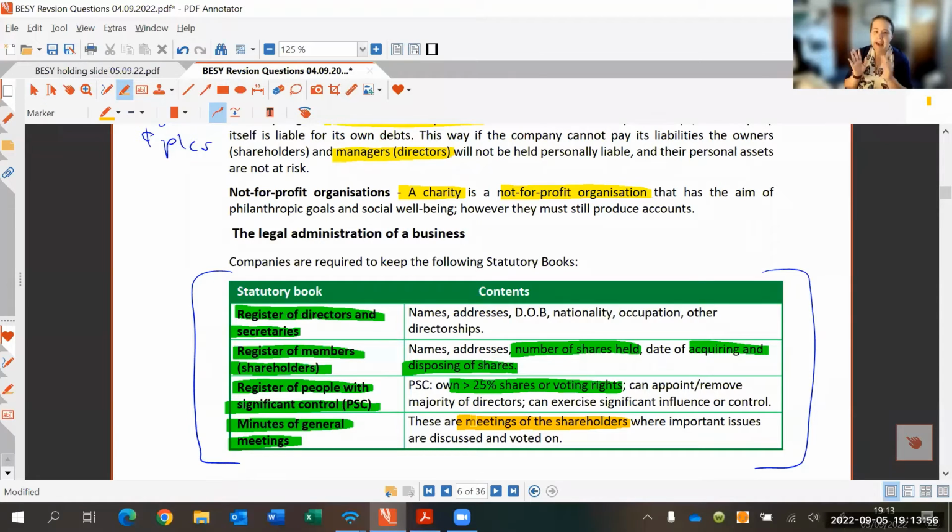Although, to be fair, a lot of important issues won't necessarily wait until those general meetings happen. It may be that they have to call one specifically to vote on those decisions, and the decisions could be appointing new directors, removing directors from the business, and maybe any other significant decisions.